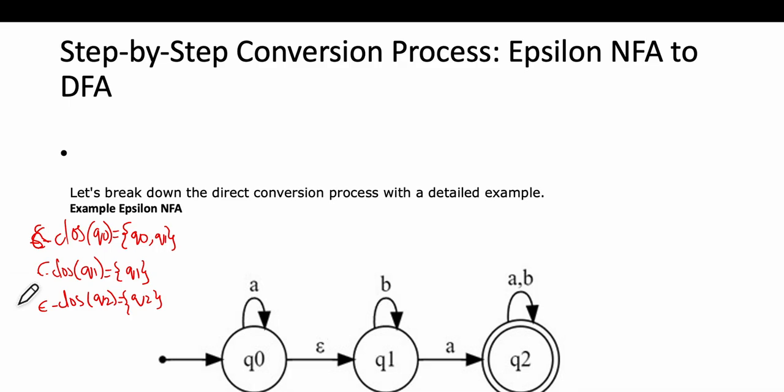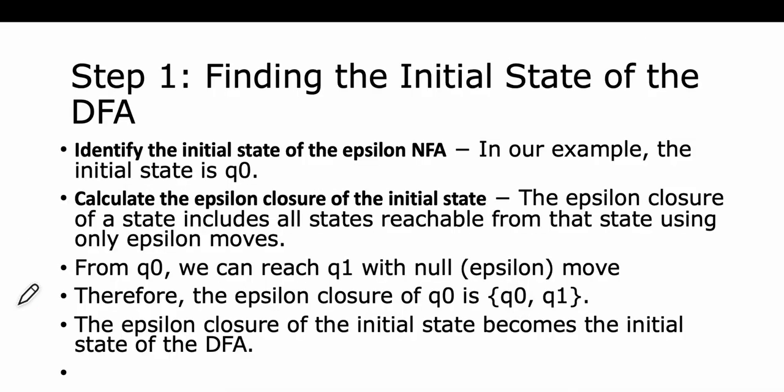Now this is the first step. Next, we directly construct a transition table for the DFA. While converting from NFA with epsilon to NFA, we take the initial state. In the same way, the initial state of the DFA is the epsilon closure of Q naught, as Q naught is the initial state.